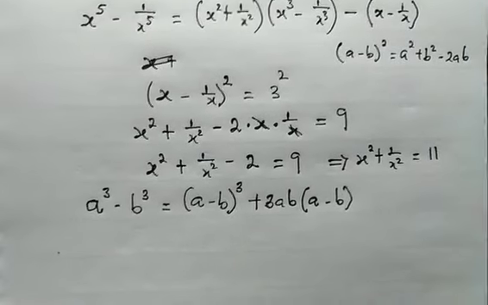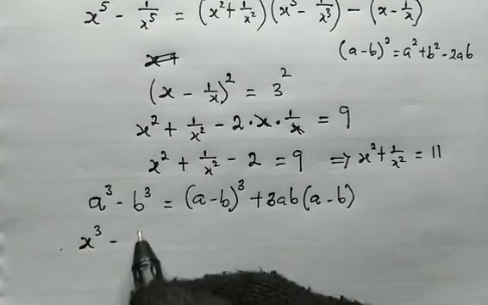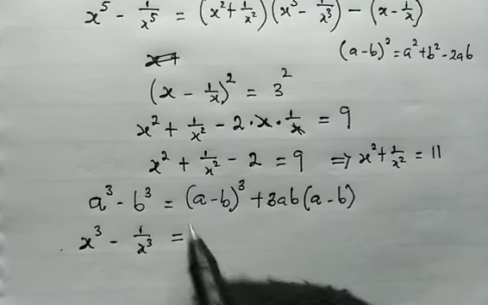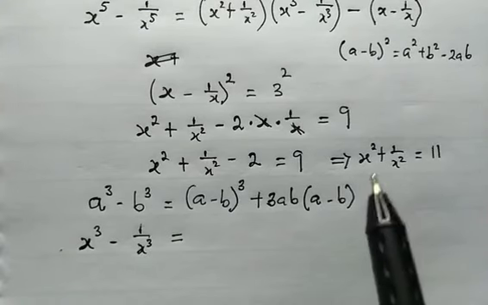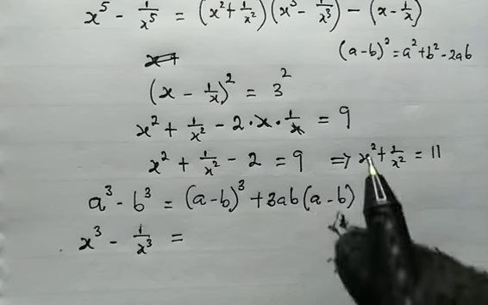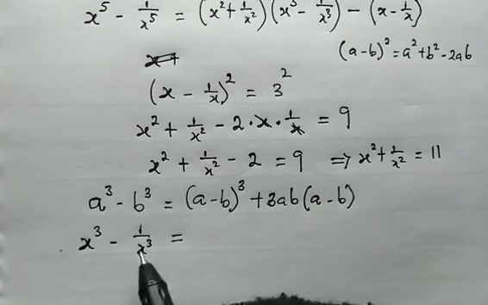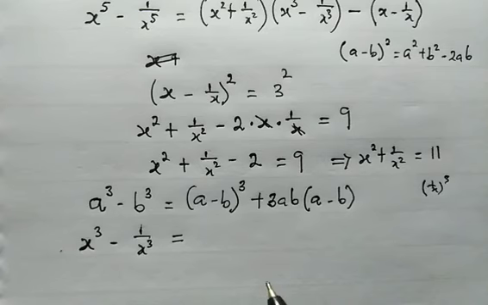So what is this telling us? Remember what I said earlier, when we have 1 over x all to the power of n, that is exactly equal to 1 over x to the power of n. So 1 over x cubed is still the same as 1 over x all cubed, right?